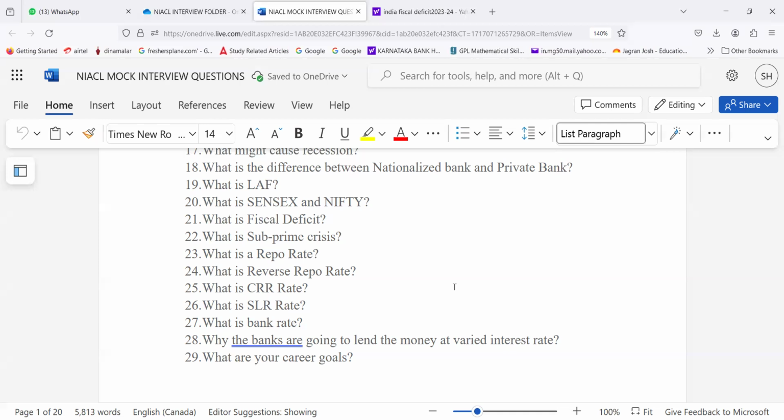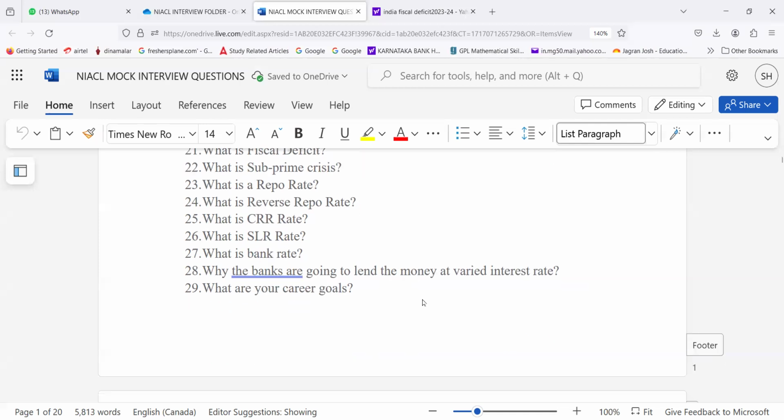Okay, sir. Good. So we have discussed question number 26. 27, bank rate is the rate at which Reserve Bank of India lends money to commercial banks for long term.